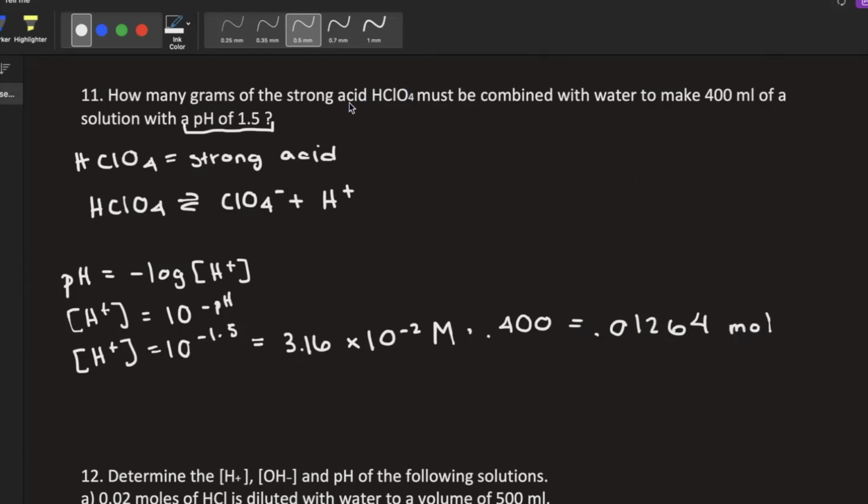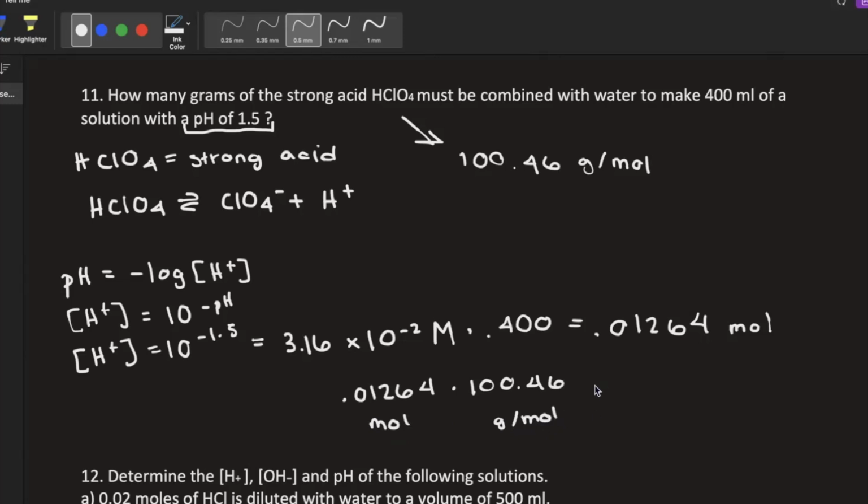Then we identify the grams per mole for HClO4, which is going to be 100.46 grams per mole. Then to determine the grams needed, you multiply 0.01264 by 100.46, moles times grams per mole. And this is going to give us 1.27 grams.